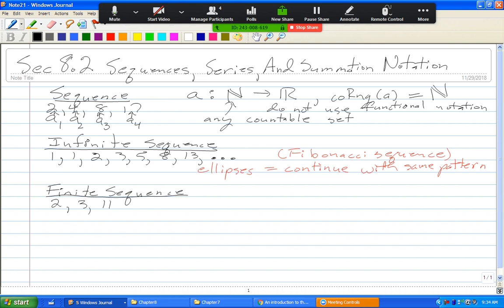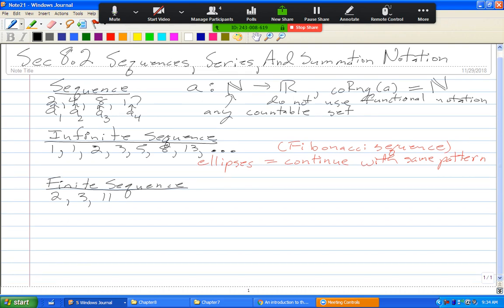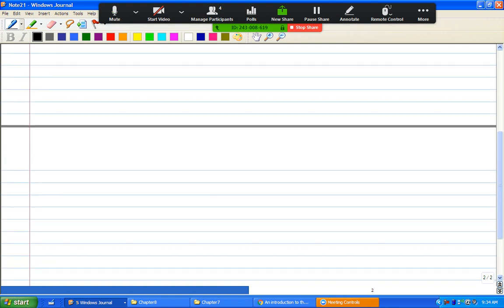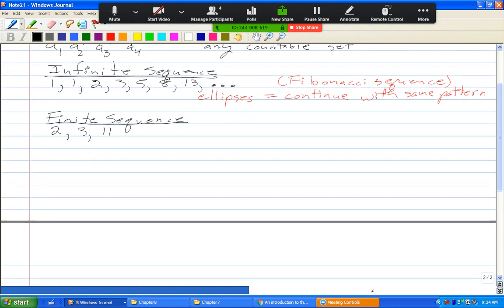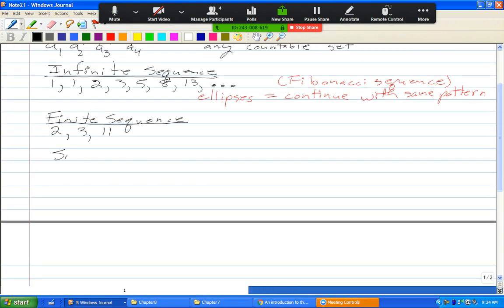Okay, so let me give you some notation, the summation notation. Suppose I have the following.